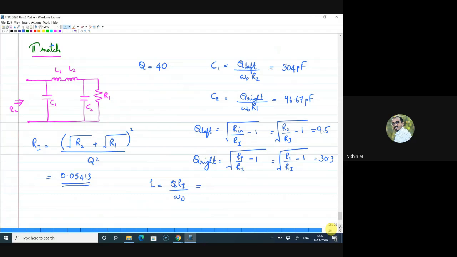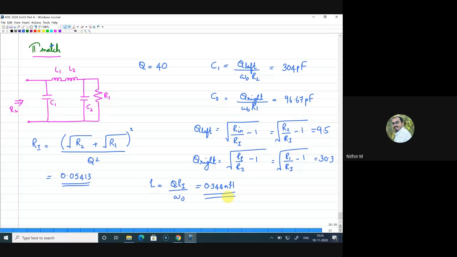Sai Shrika has given the answer before: it is 0.344 nanohenry. Yes, Rakshak, 344 pico henry, the same as the inductance value.